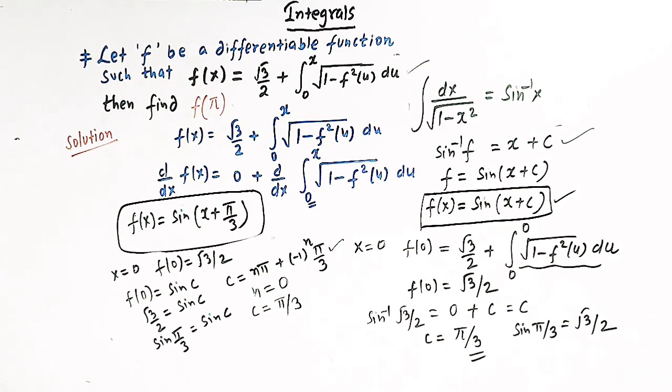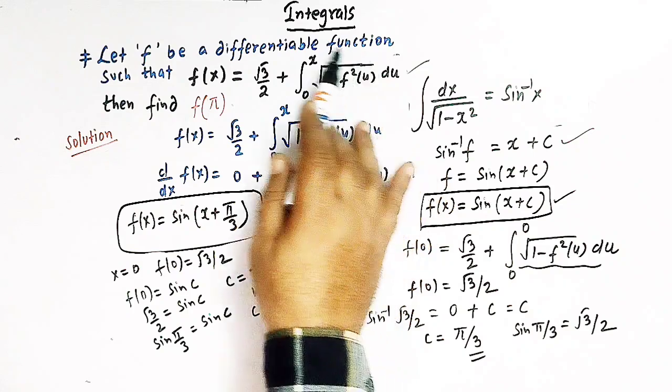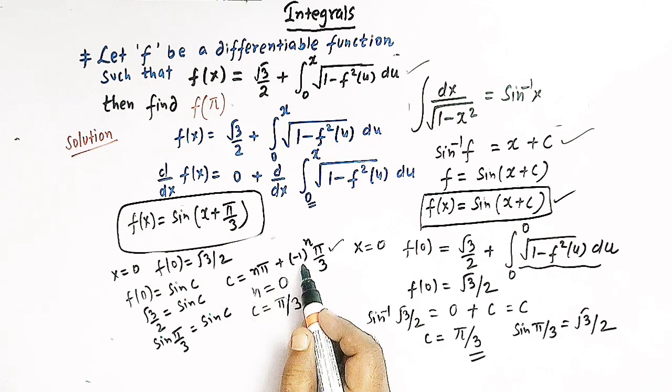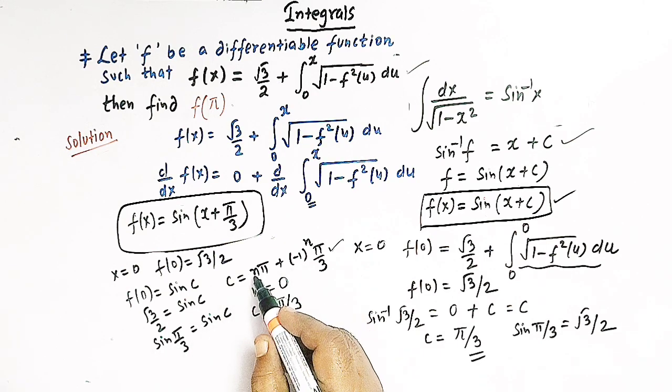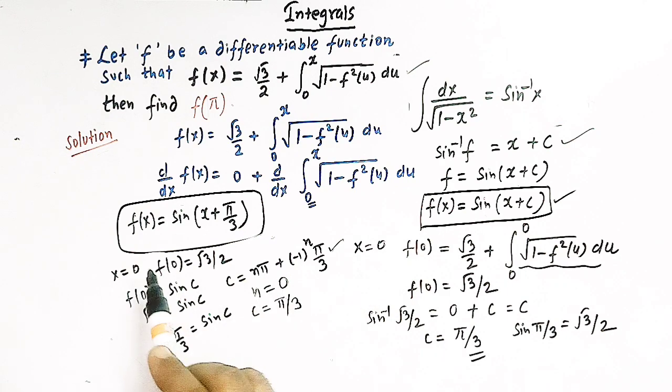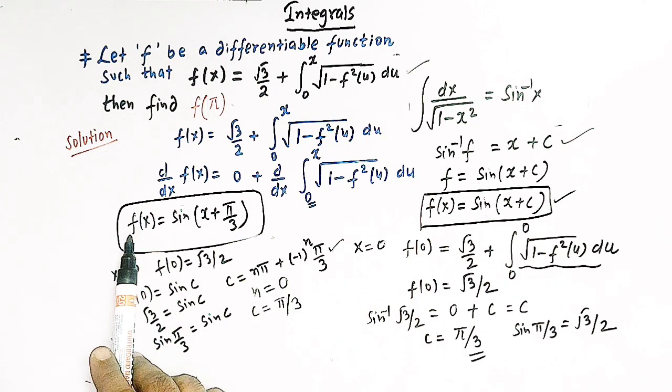So to summarize this discussion, we can easily conclude that as per the requirement of the given problem, we can use different values of c from this general solution, right? So assigning different values to n, we can obtain different values of this constant of integration c, and accordingly the form of the function f of x can be taken.